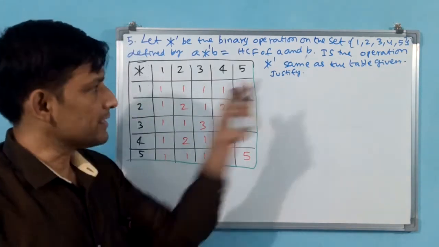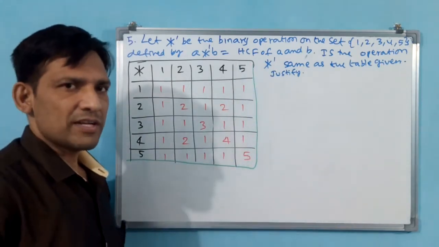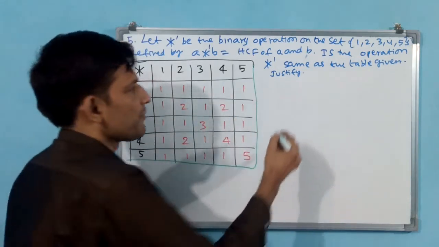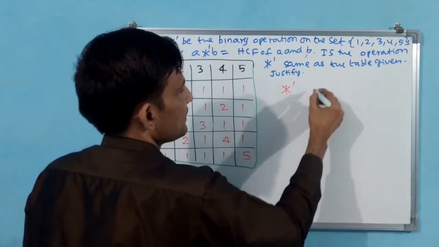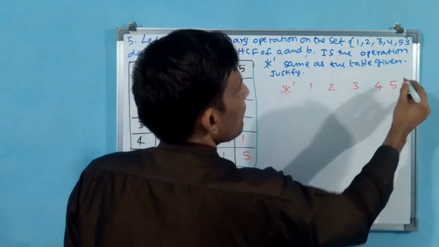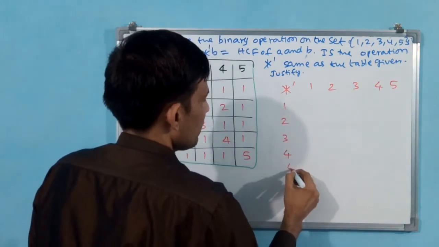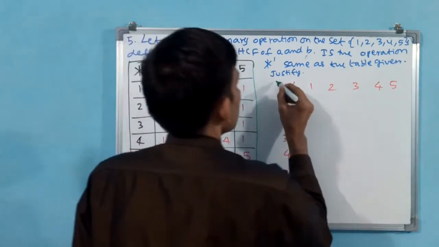Let us draw another table side by side with HCF. Now star dash operation is HCF. Here rather than star, star dash will come. Star dash 1, 2, 3, 4, 5, and 1, 2, 3, 4, 5. Now you write this table.